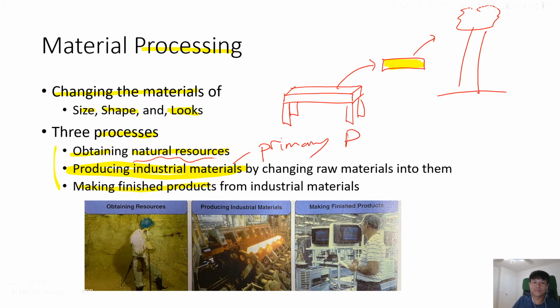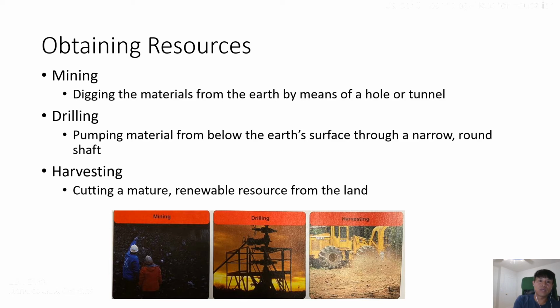And obtaining resources is mostly, but not limited to, mining, drilling, and harvesting. Those are 3 ways of obtaining resources: mining ores or stones or original material, or drilling, because certain materials, particularly oils, are inside of rocks rather than on the surface of our land.